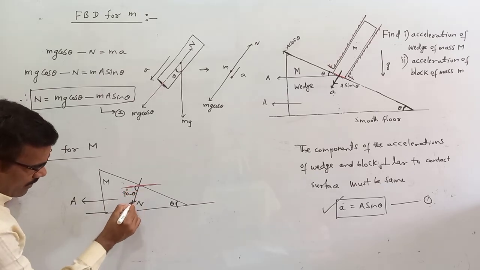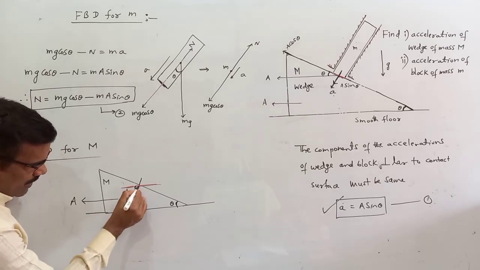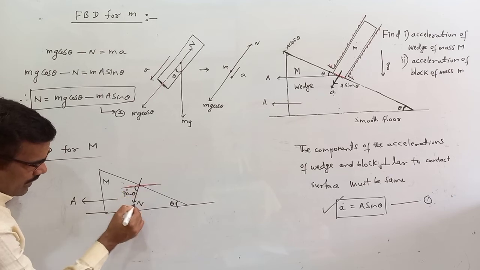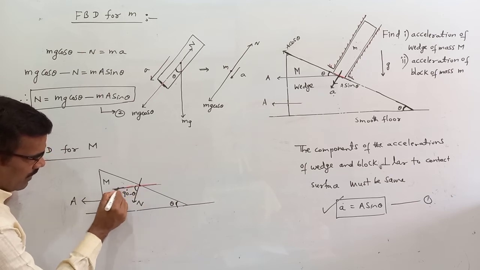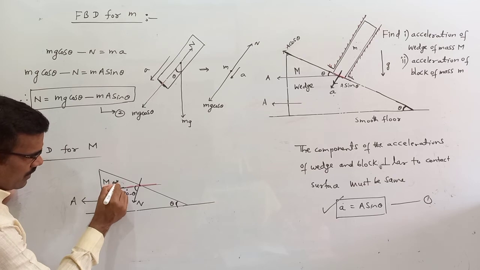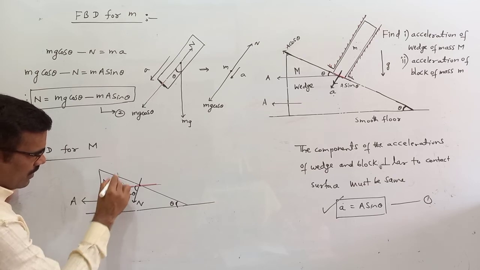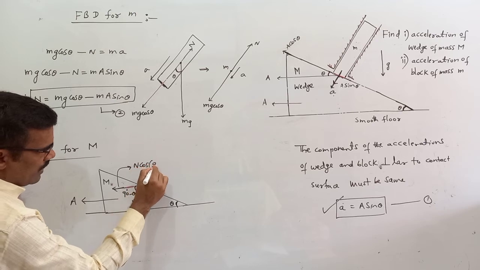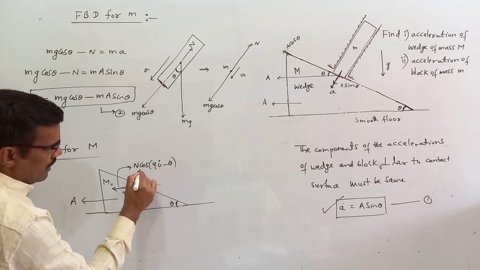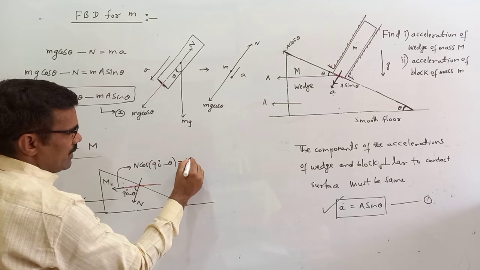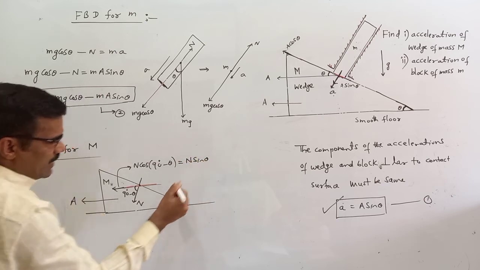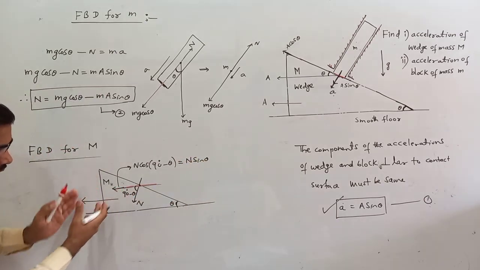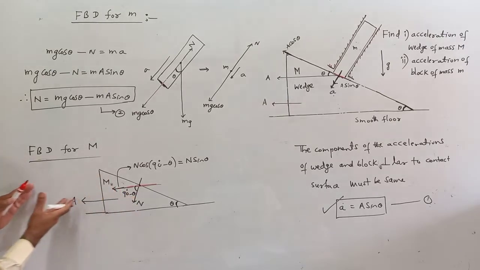N is the normal reaction acting on capital M this side. N can be resolved along this side: N cos of 90 minus theta, which is N sin theta. N sin theta acts on the wedge along this side.